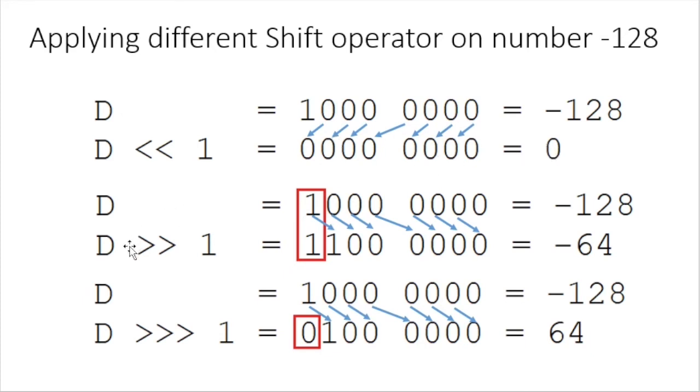When you perform the right shift operator on it, it becomes just half of it, maintaining the sign. When we perform the unsigned right shift operator, it moves all the bits by 1 bit and fills with 0, so it becomes a positive number. Now it is positive 64.